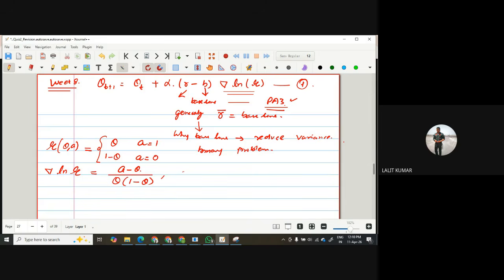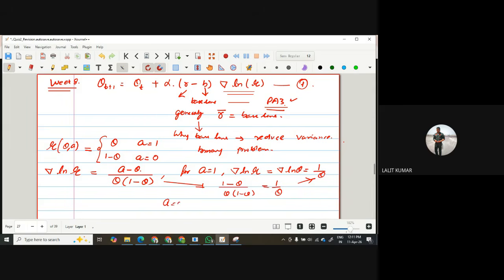So for example, a is equal to 1: then the gradient of ln pi is the gradient of ln of theta, which is 1 over theta. And here, if you plug in a equal to 1, it becomes (1 minus theta) over theta into (1 minus theta), which is equal to 1 over theta, which is matching.